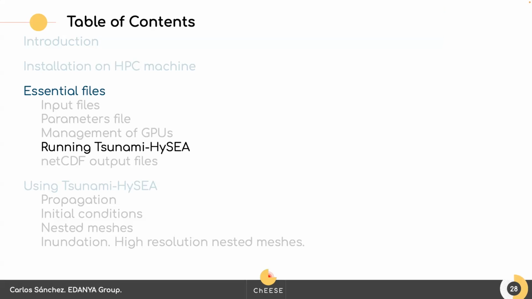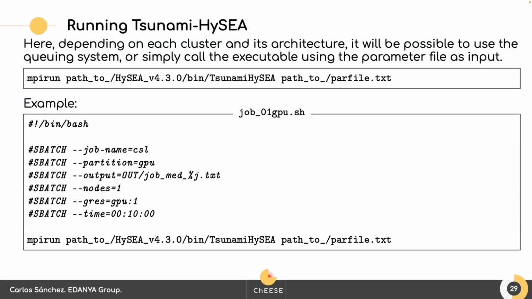Okay, so once we have all the main ingredients, we can just run Tsunami-HySEA. These slides present an example of how to execute Tsunami-HySEA in a cluster environment using a bash script to configure the simulation.